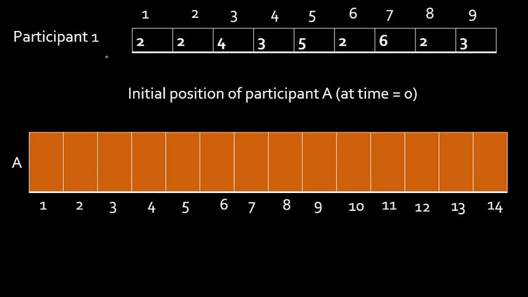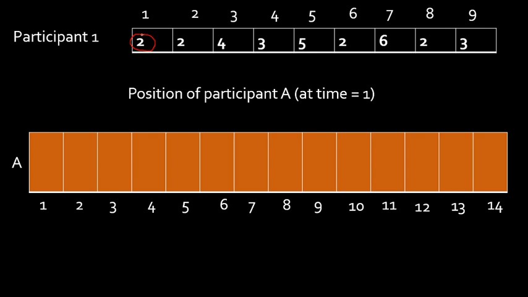What happens after the first second? After 1 second, A will move by how many steps? We have the data. A will move by 2 steps. So 2 steps means A will not stand here. A will go to 2. After 1 second, A will move to the second step. How do we calculate this?